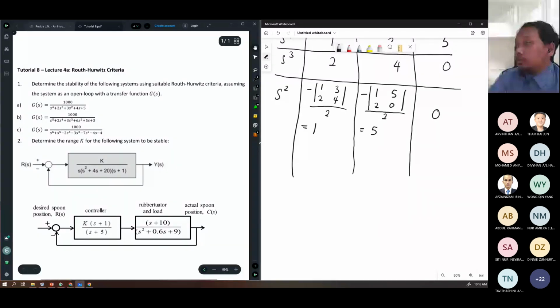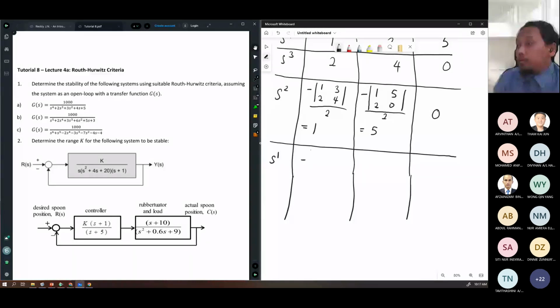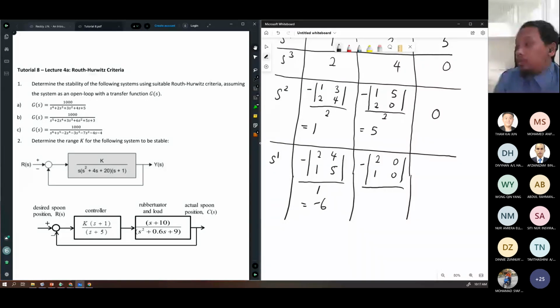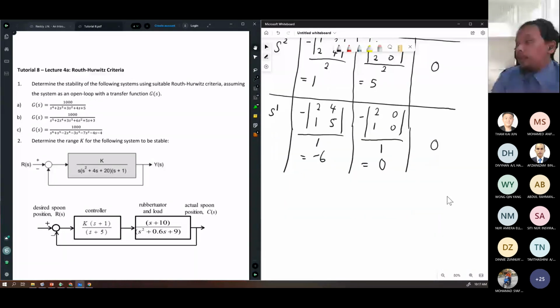And then continue with row S1. And then row S0.